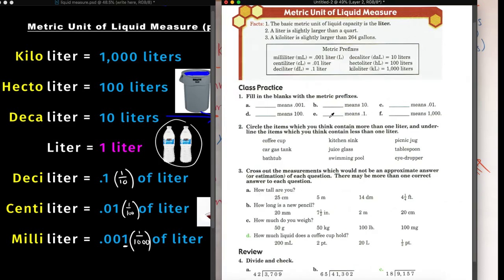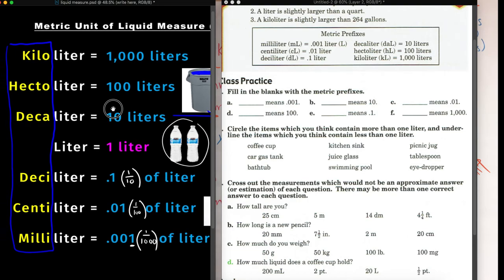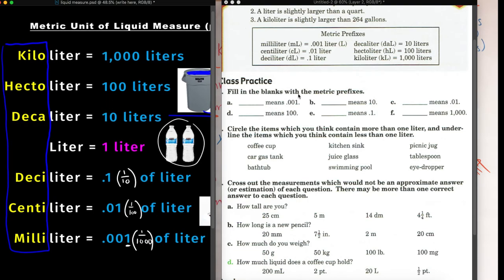So first one, fill in the blanks with the metric prefixes. It says, which one of these metric prefixes means 0.001? All these words in yellow here are the metric prefixes, like what we just went over. You can see down here, milli. When we have milli before a base unit, that means 1/1000ths or 0.001.